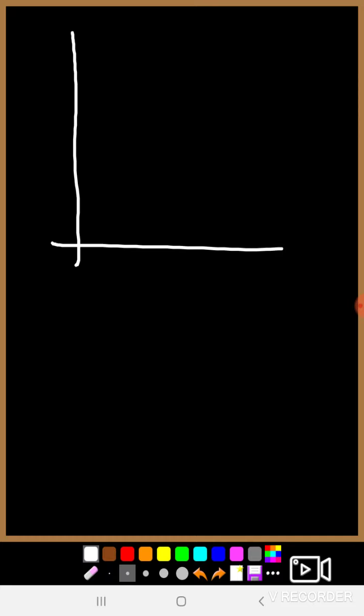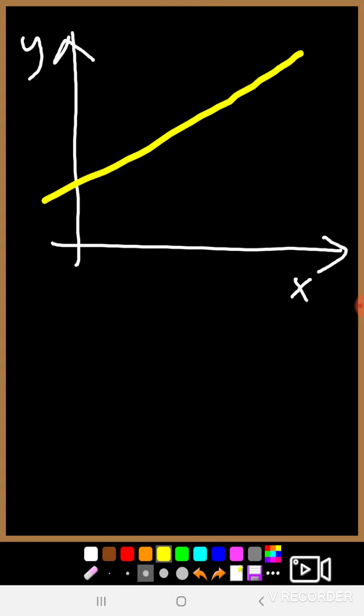Another property of the line is, for instance, when you look on the x-axis and y-axis, a line could come like this, or it can come like this.